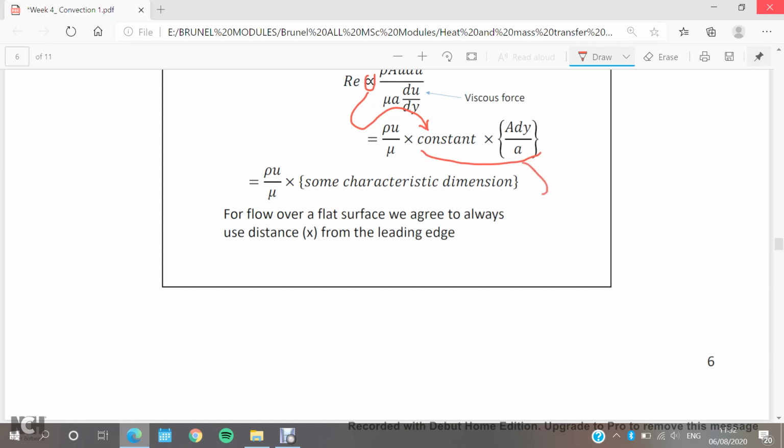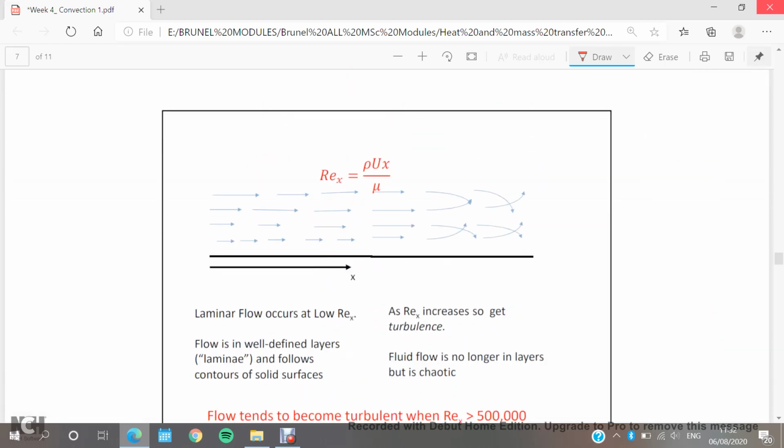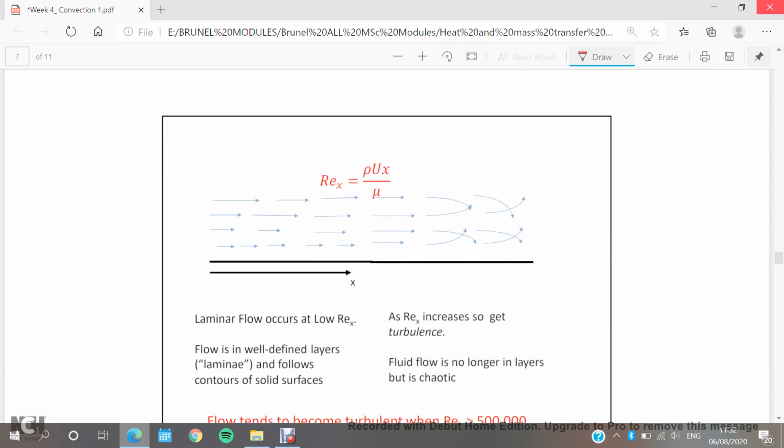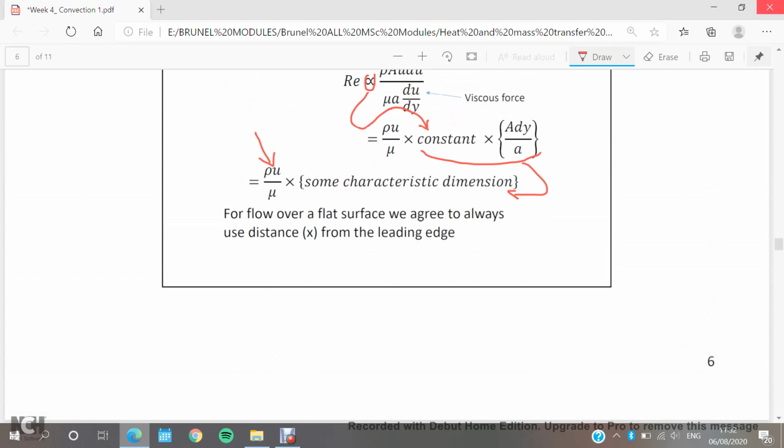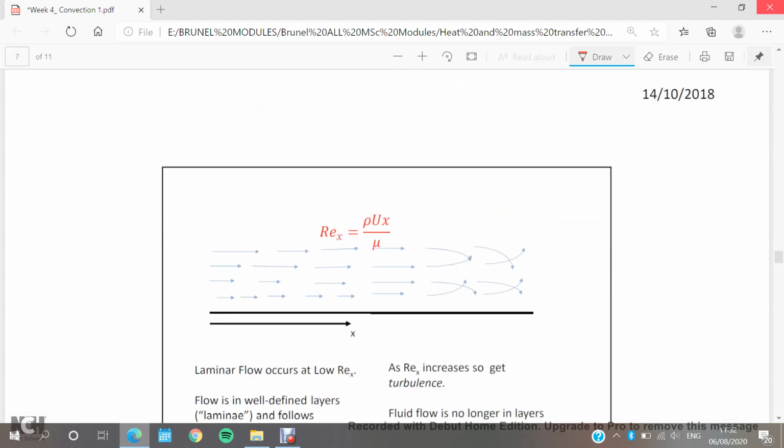We can put some characteristic dimension times this term rho u over mu. From lots of experiments, we just accept that this characteristic dimension will be x.